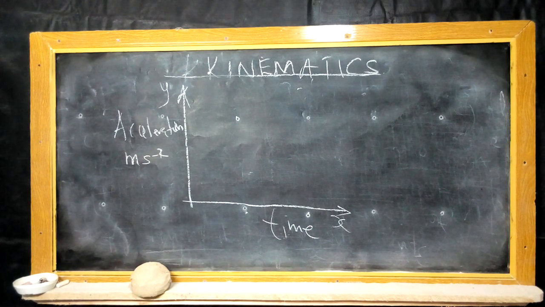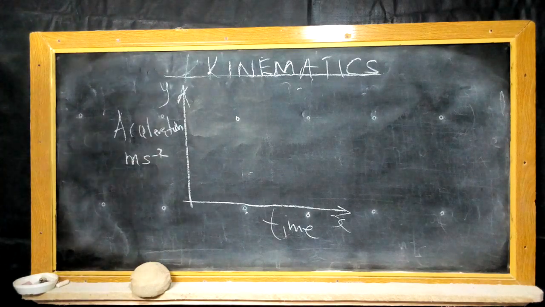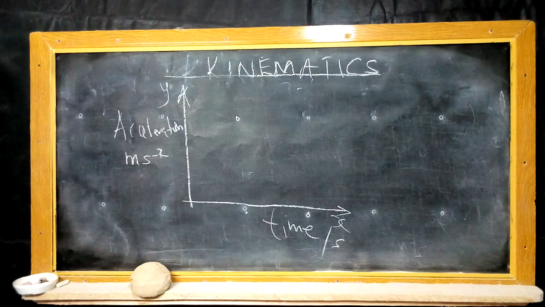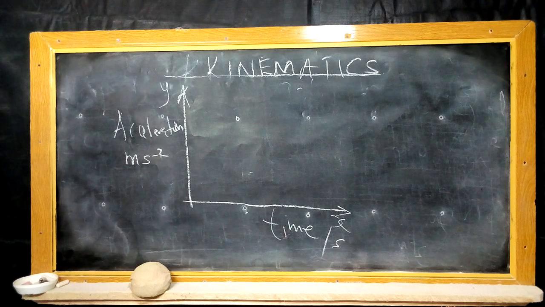In case of correction, we shall just do that. But time is measured in seconds. So we can just indicate the standard units which are used to measure the specific quantities we have mentioned. For the acceleration time graph, it represents the change in velocity over time, and the area under the graph is the change in velocity.